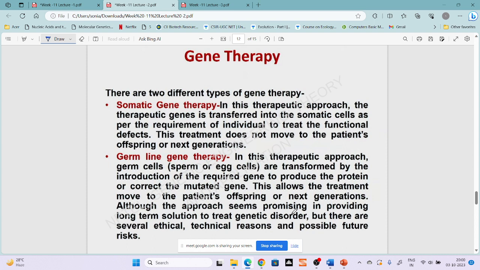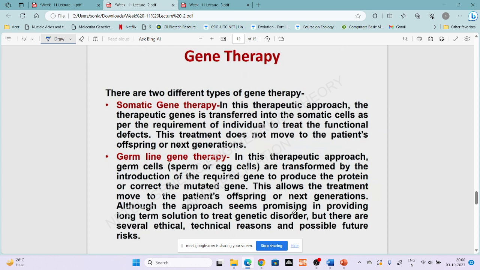Therefore, they will not go to another generation. Whereas germline gene therapy means that the required gene is transferred into the germ cells. Germ cells means your sperm or egg cells. So when they are transferred into the germ cells, then the treatment will go to the next generation as well.